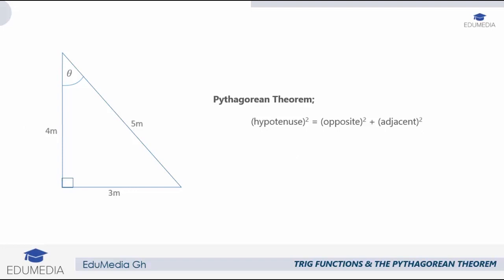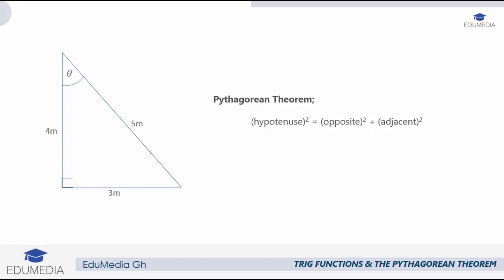When we substitute with figures, we can try to prove that this Pythagorean theorem actually works. We put the hypotenuse as 5 meters, the opposite as 3 meters, and the adjacent as 4 meters.